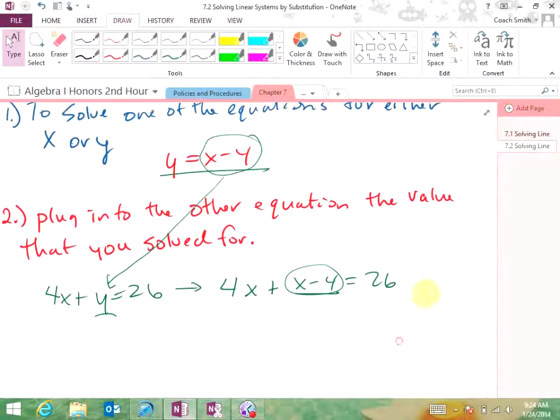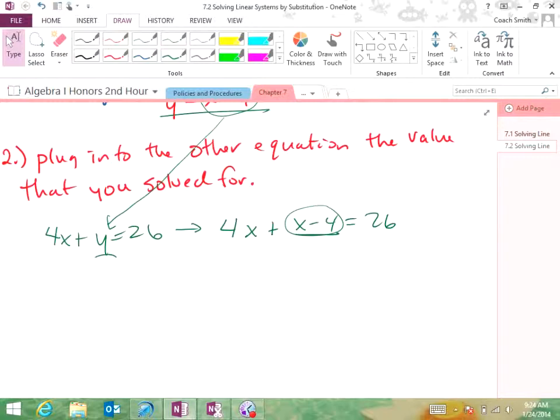Now, I solved this by just simply doing normal stuff. This and this are like terms. So that gives me 5x minus 4 equal 26.